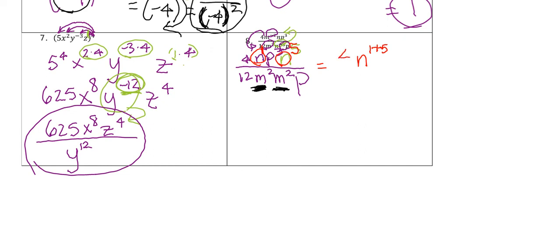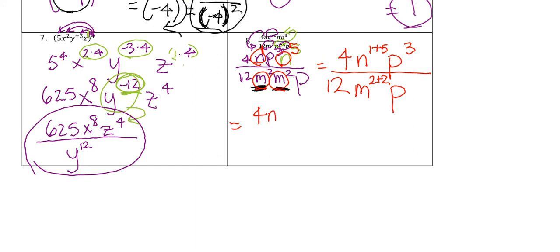On top, we still have our 4 coefficients, and we still have p to the third power. All over, we have m and m that have the same base, so we add those exponents, so m to the 2 plus 2 power. So our 12 coefficients and our p. Okay, I'm going to keep going.